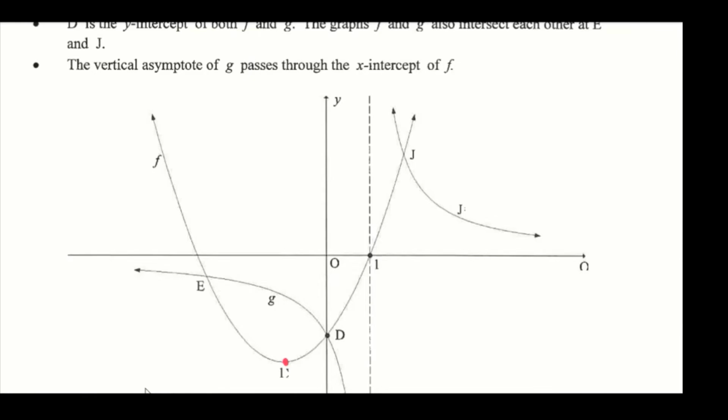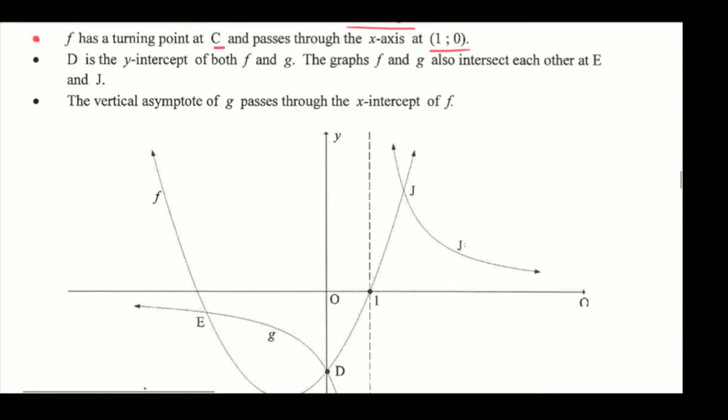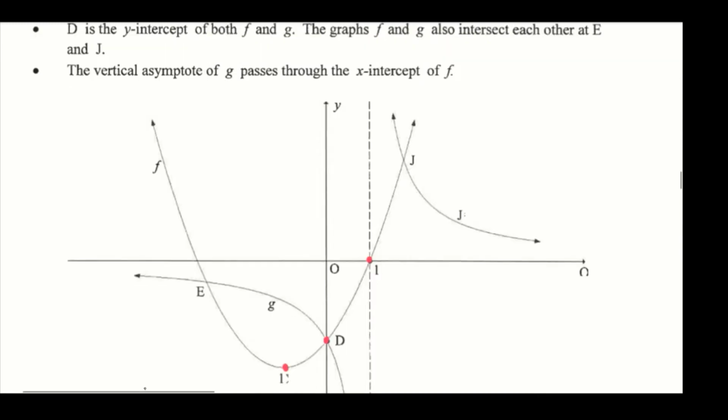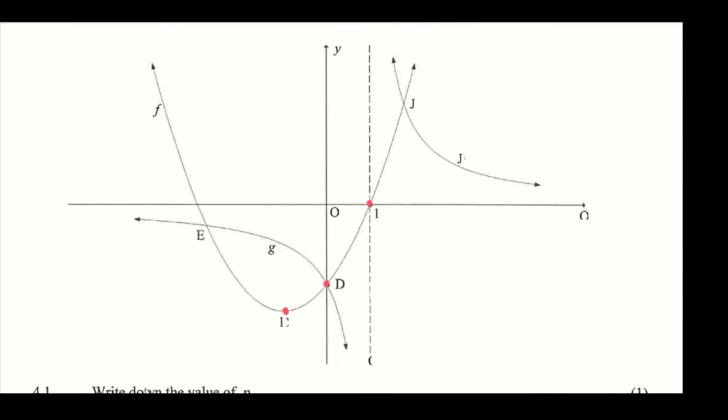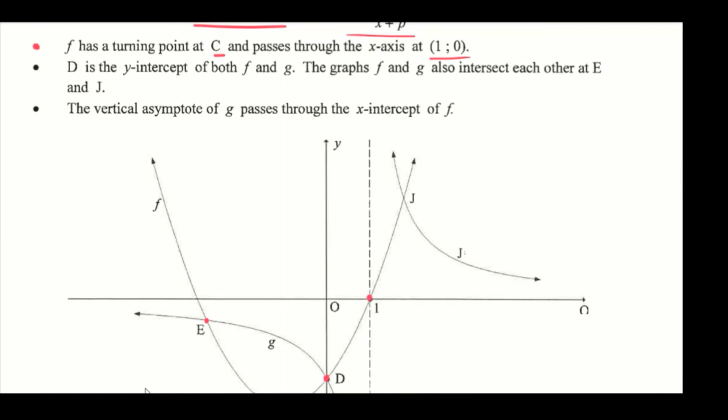And it passes through this intercept here, right? And then D is the y-intercept of both f and g, so this is D. The graphs of f and g also intersect each other at E, so both graphs intersect each other here at point E, and at J, so they also intersect each other at this point here.